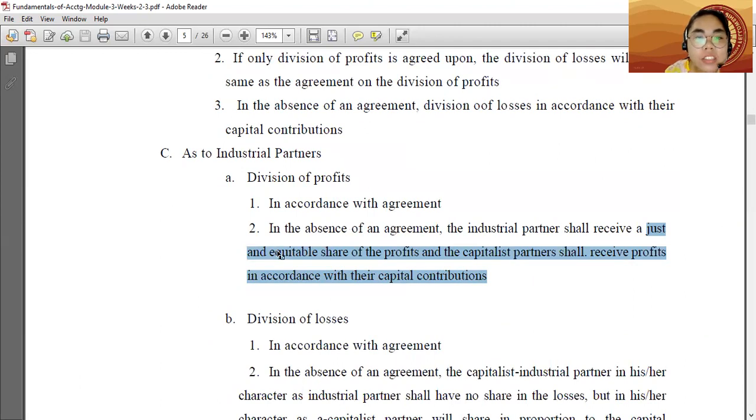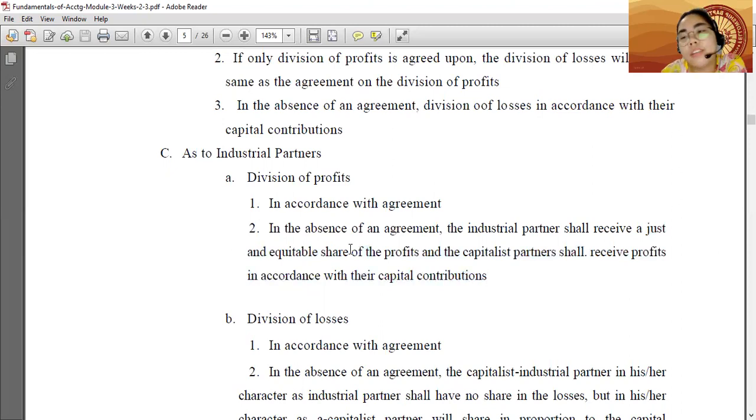So what is this just and equitable share? Well, it would depend, anyway, it's still in the agreement among the partners. Just and equitable. So if you are very industrious in managing the partnership, of course, you will also have a just and equitable share.